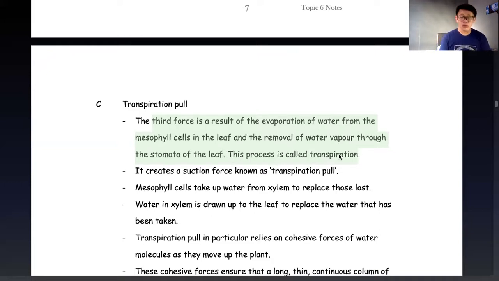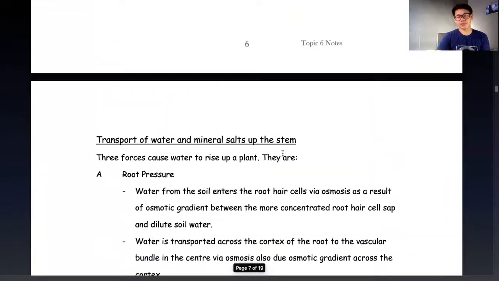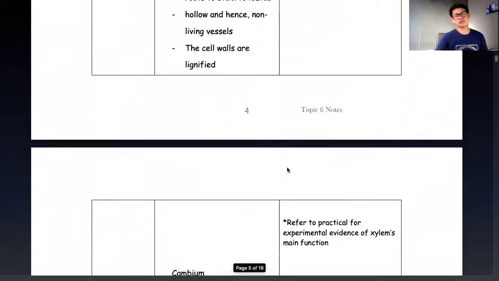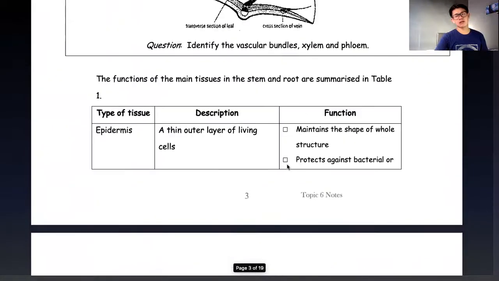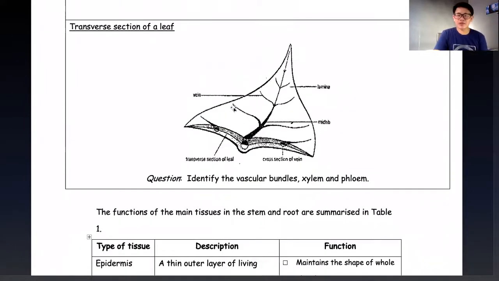Now, transpiration links with what happens in the leaves. Right here, this is your leaf. As you remember, this is where photosynthesis takes place.